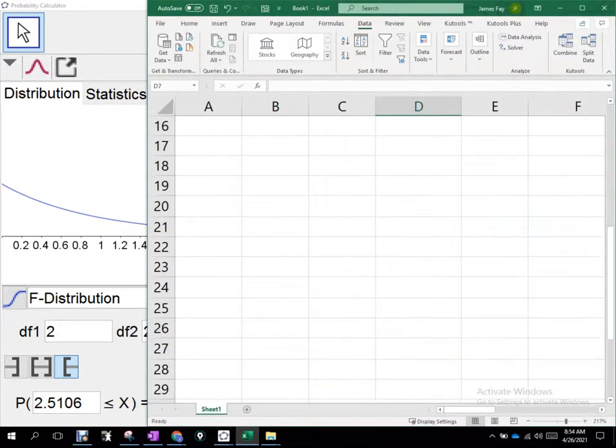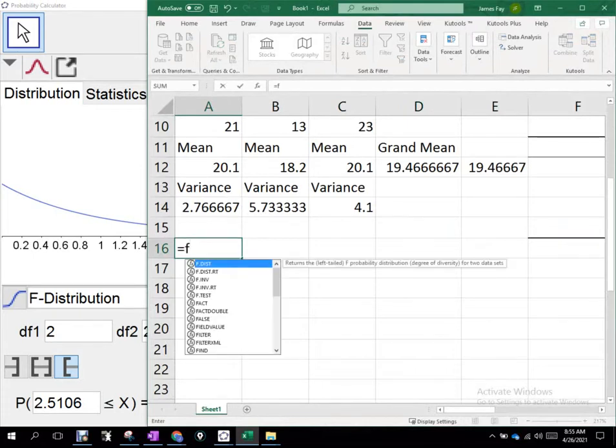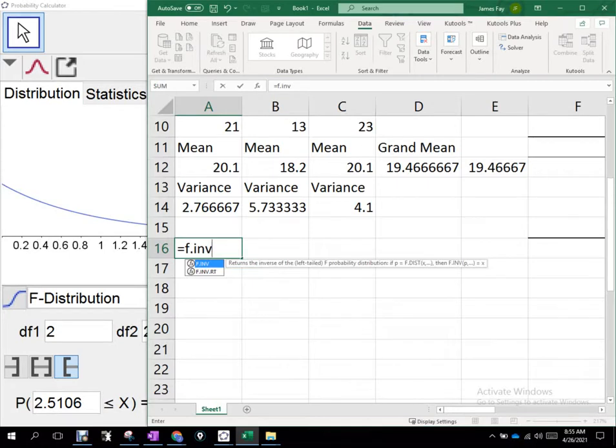If you're going to use Excel, you have to hit equals F dot INV. It's going to ask me for a probability, so our probability is 0.1. It says degrees of freedom 1, comma, degrees of freedom 2. Again, I'm going to go numerator, comma, denominator.